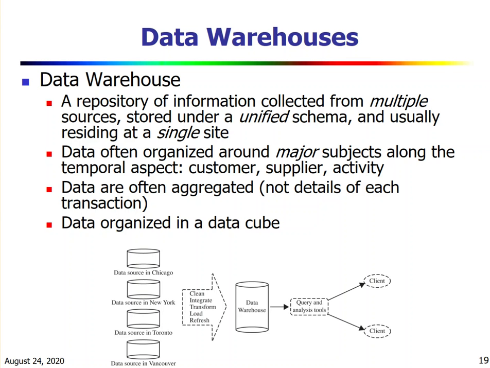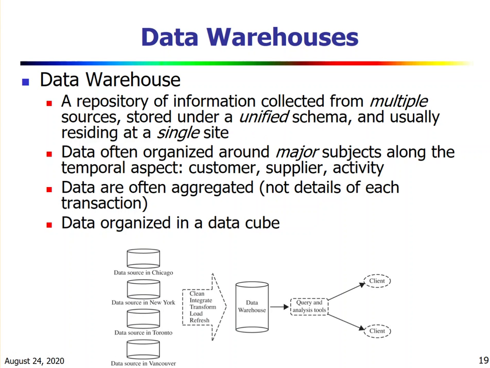Every relational database could have a different schema. But once you put the data into the data warehouse, everything is organized under one unified schema. And it's usually residing at one single site. So it's a centralized system.